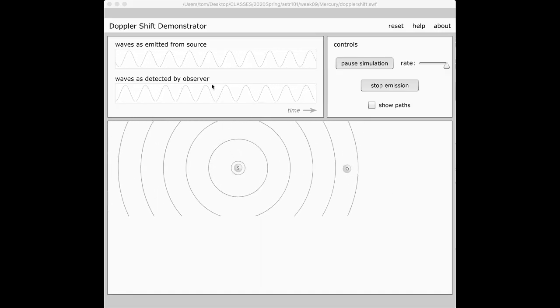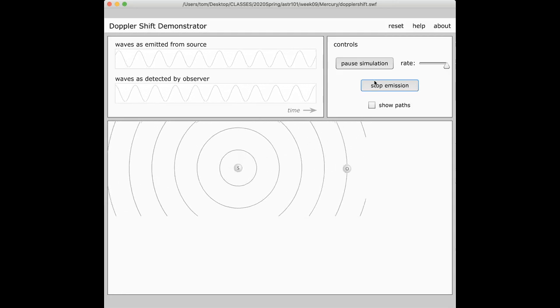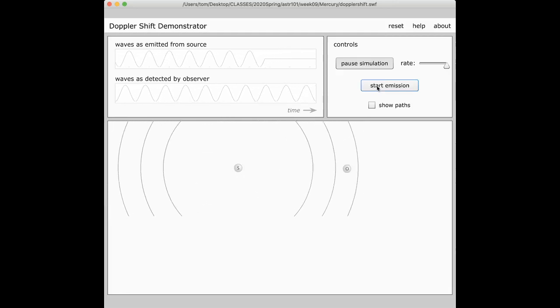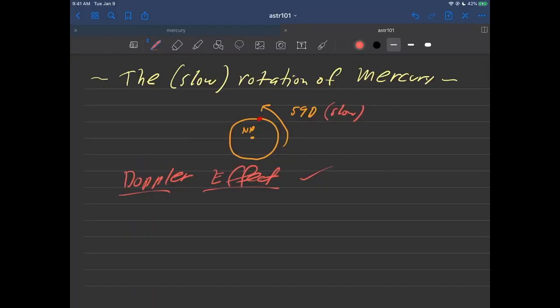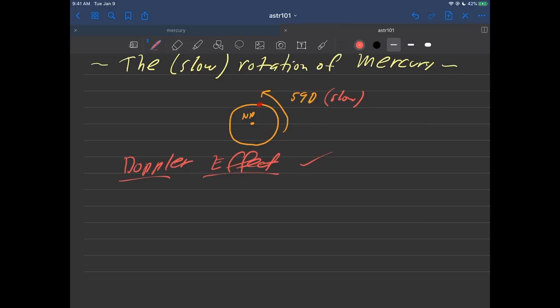So the Doppler effect in a nutshell is about waves. And I'm going to show you sort of how it works with the waves now. So what I have up here is a source S and an observer O. That's probably the very first important thing to remember about the Doppler effect, that there's sort of an observer and a listener here.